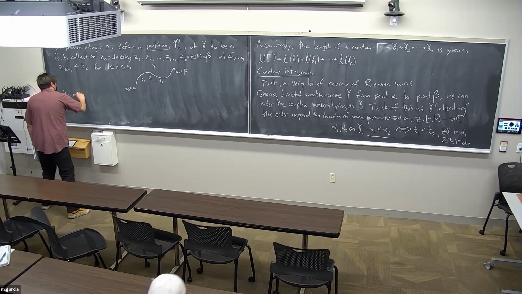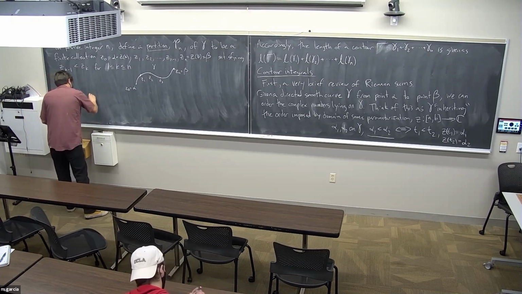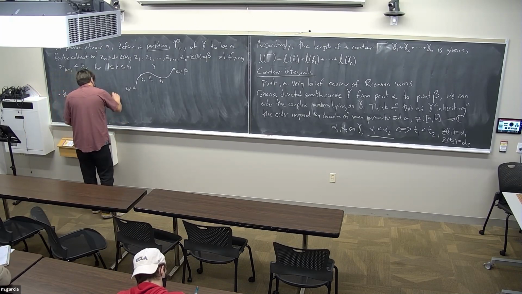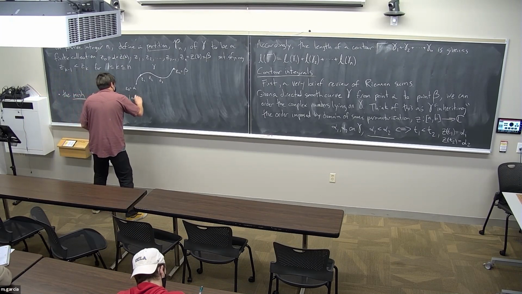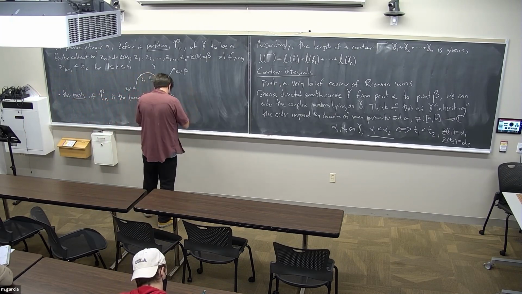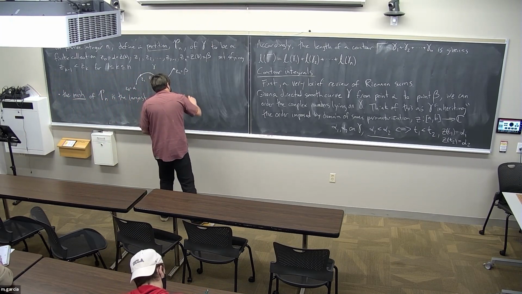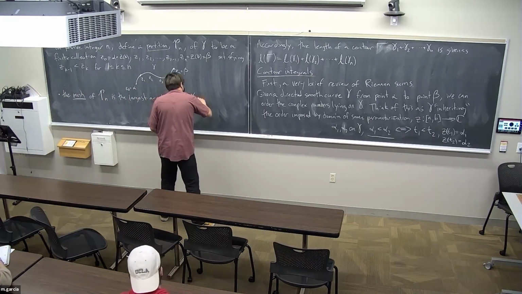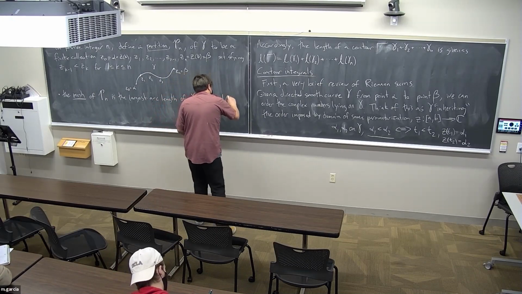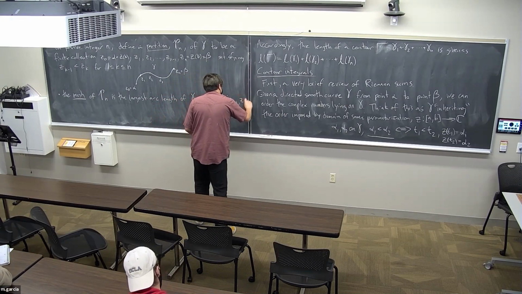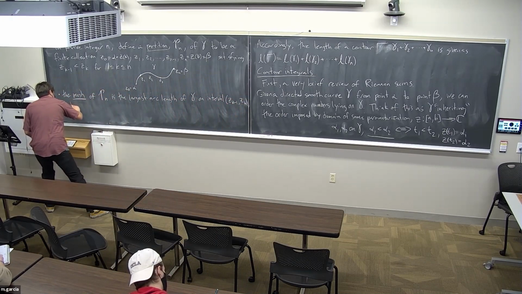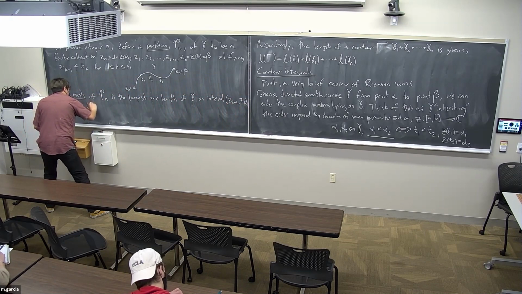The mesh of a partition P sub n is the largest arc length of gamma on the interval z sub k minus 1 to z sub k, which we denote mu of P sub n.